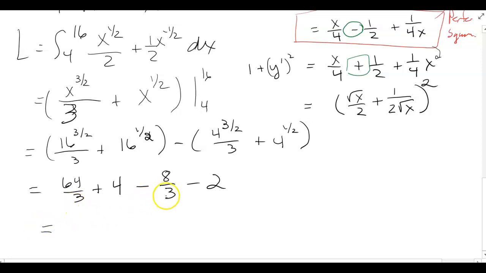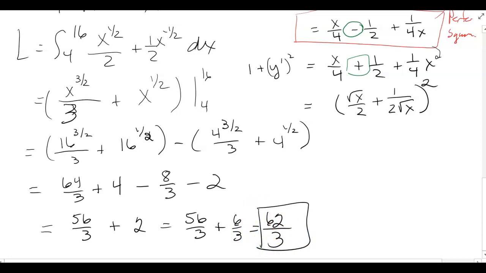So I have 64/3 minus 8/3, which gives me 56/3, plus 2, which is 6/3. And that is our answer, 62/3.